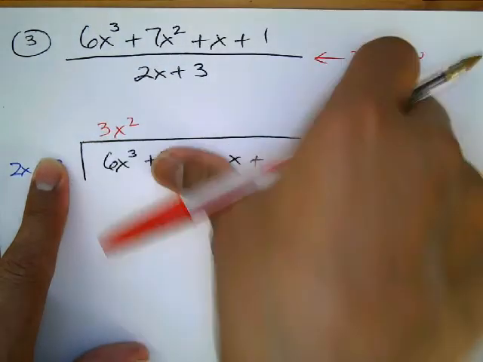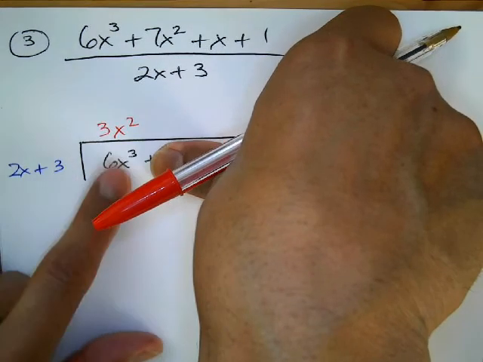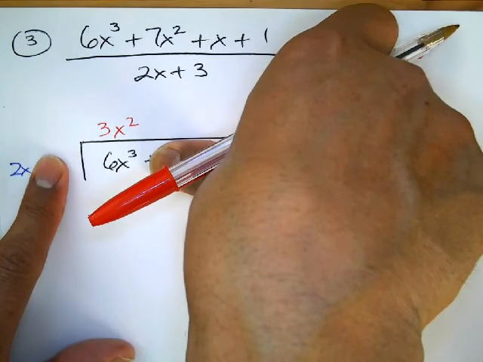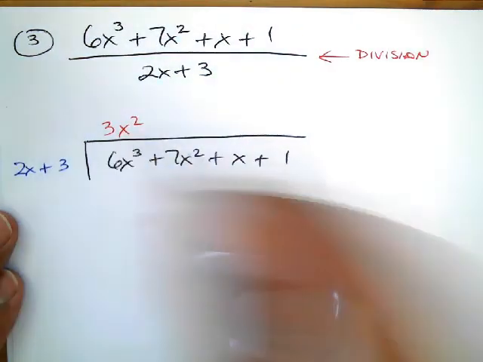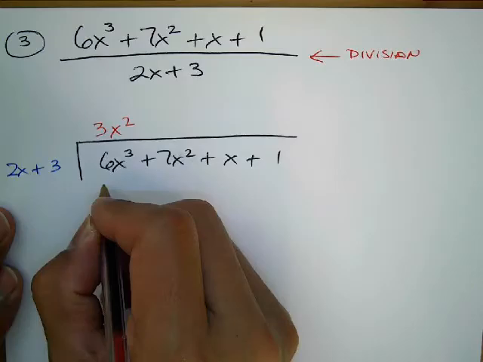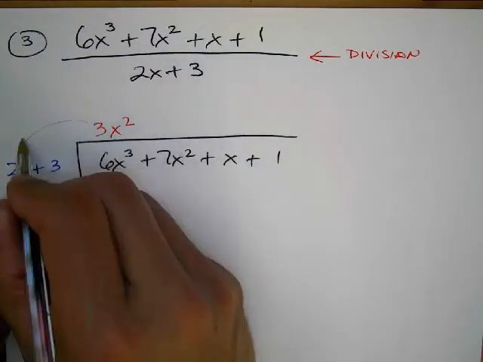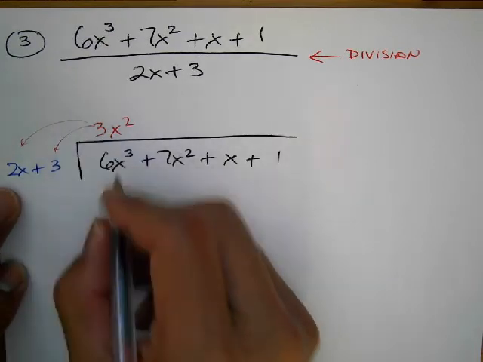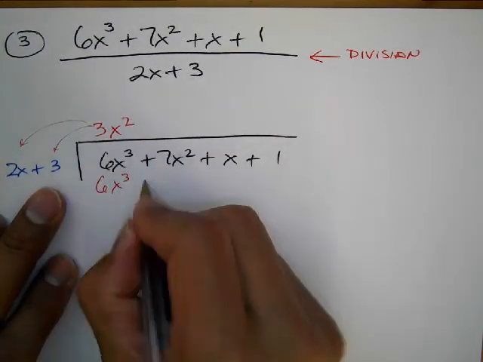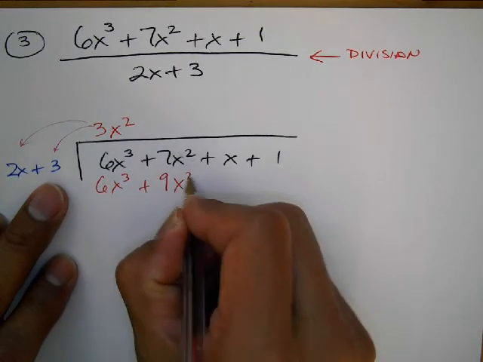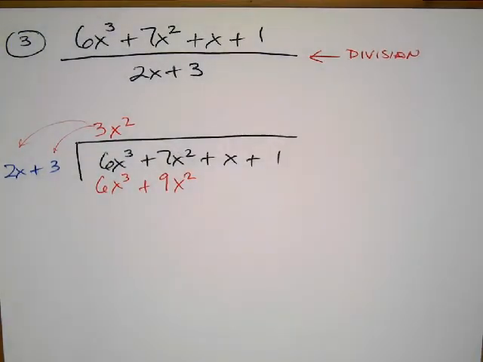I need a 3 and x squared, right? 2x times this has to give me this. You got to make sure it's good. Look at the numbers, look at the variables. It's good. That's divide. Now multiply. Now you got to multiply to both. Remember that. So that would be 6x cubed. This one times this one is plus what? 9x squared.